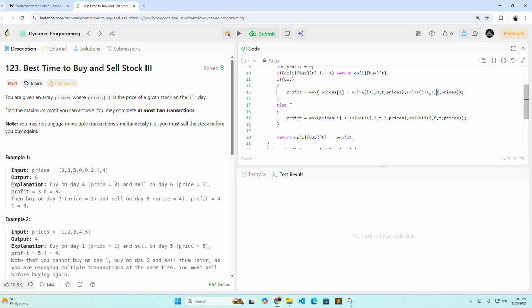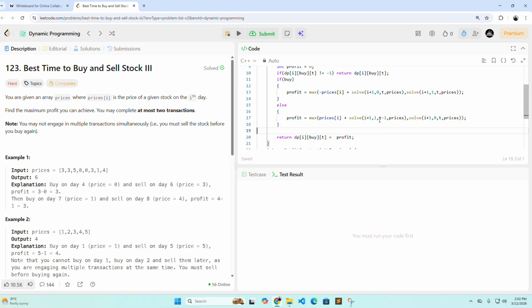Else, the case where I have bought the stock before and now I am selling: there is an option, I can ignore the ith day or I can sell the stock on the ith day. If I sell, I will gain money, so it's plus prices[i], and then I am unable to buy.